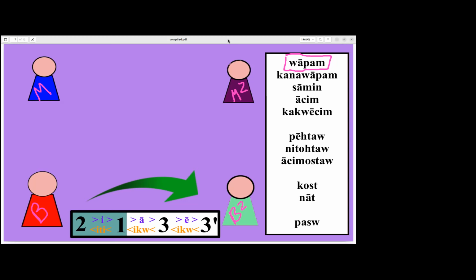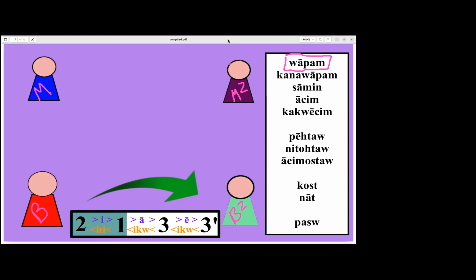Hey Maggie, Kiwapamitin na. Kiwapamau Ben 2. Oh, Maggie, Kiwapaminchi. Kiwapamau Ben 2. Maggie 2. Kiwapamitinchi.